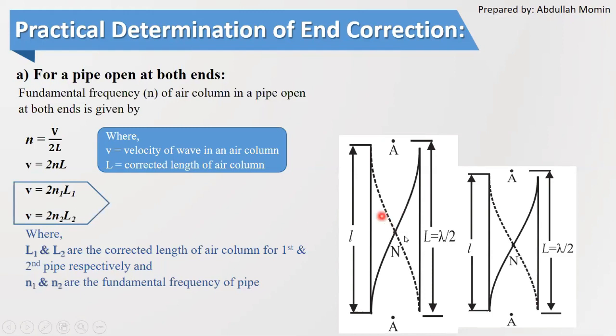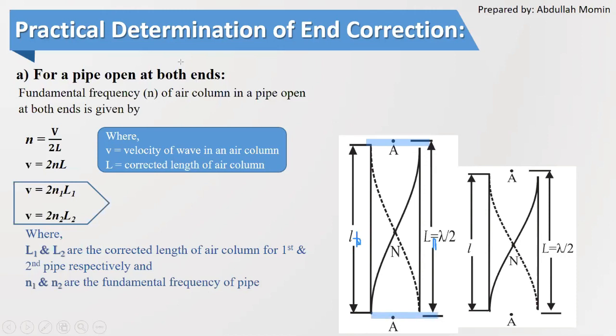So from these two equations, we can write, now look at this diagram. Both pipes have the same diameter but their lengths are different. So for the first pipe, we will take length as L1 and for this length, we will take a small L1 and this is your end correction. The distance between the open end and the antinode is your end correction, and we have another open end, so we will get end correction here also.